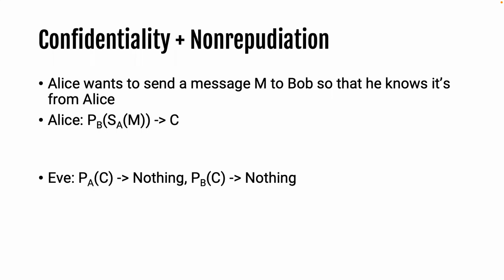And when Bob receives this message, suppose that Bob knows this is the way that Alice processed the message. Okay. So now I'm going to ask you guys, if you're Bob now, when you get this message C, what are you going to do? How can you process this message so that you can get that information?